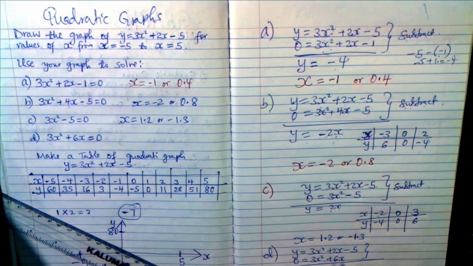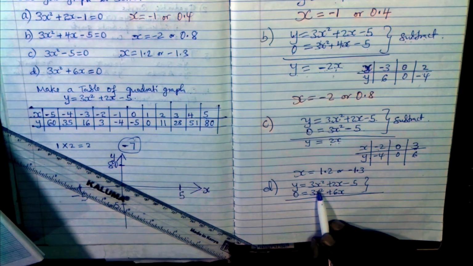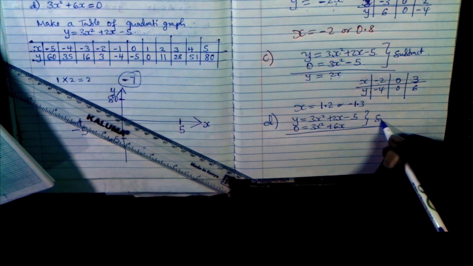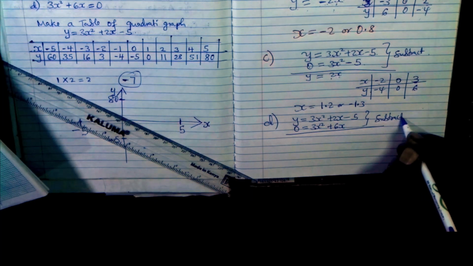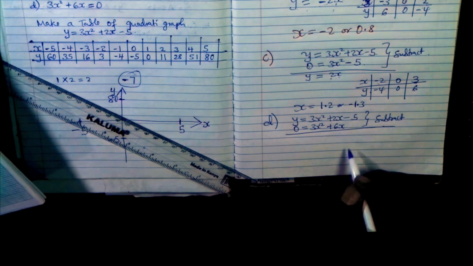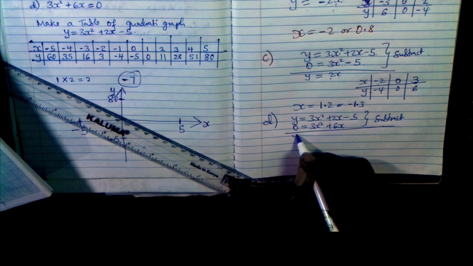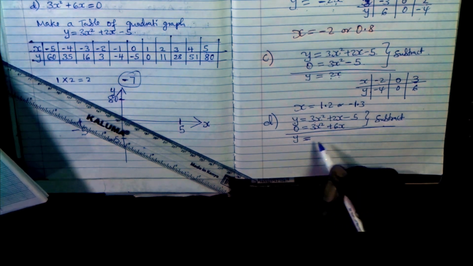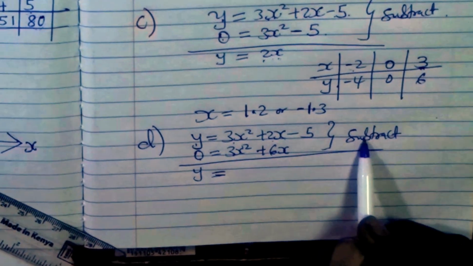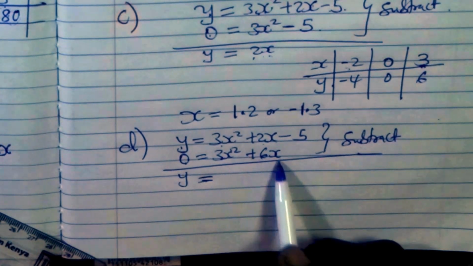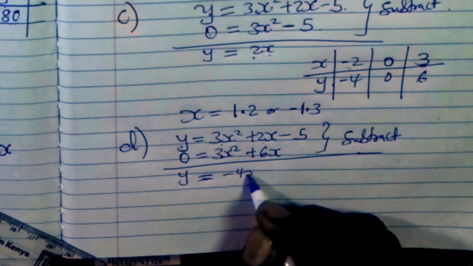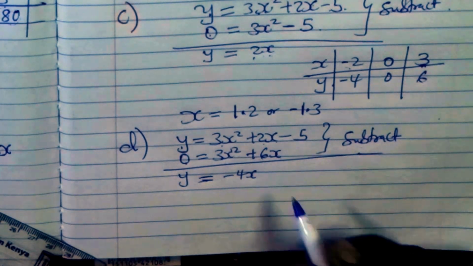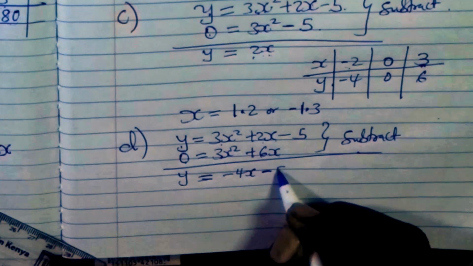Then we do the same by eliminating the coefficient of x squared. That will be achieved by subtracting the two equations. So y minus 0 is y is equal to 3x squared minus 3x squared is 0, 2x minus 6x, that will be minus 4x, and then we have minus 5.